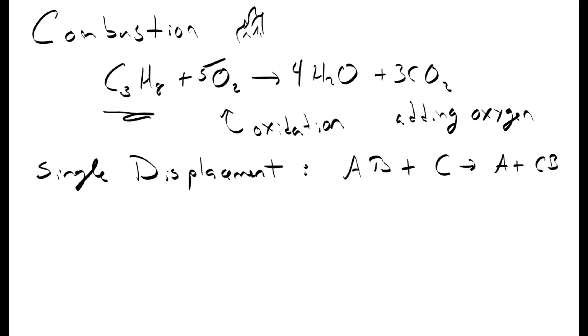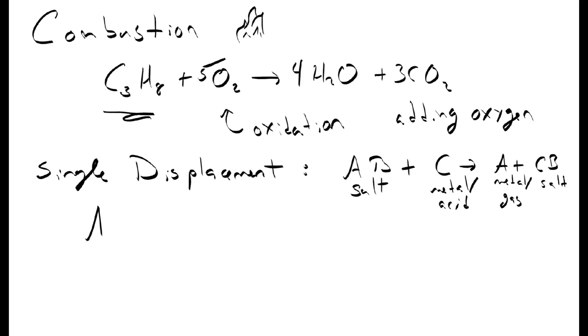You have a salt plus either a metal or an acid to make a metal plus a salt or a salt and either a metal or a gas. It depends sort of very much on what the reaction is.